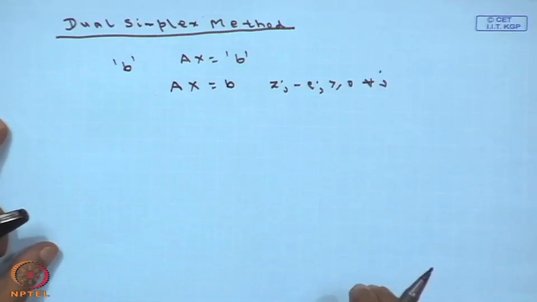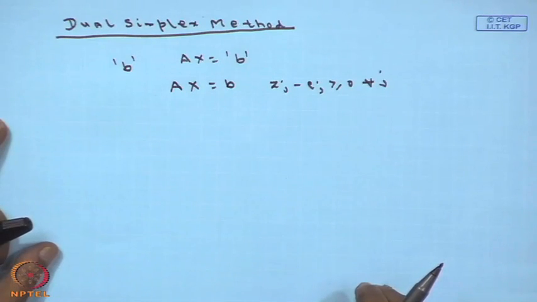That means the optimality condition has been satisfied, but it does not mean that the solution also satisfies the feasibility condition. The feasibility condition may not be satisfied. Only if both the optimality condition and the feasibility condition are satisfied will we stop.